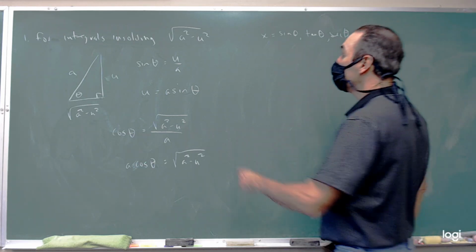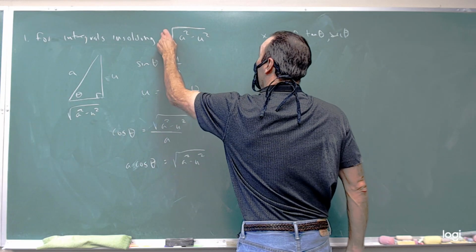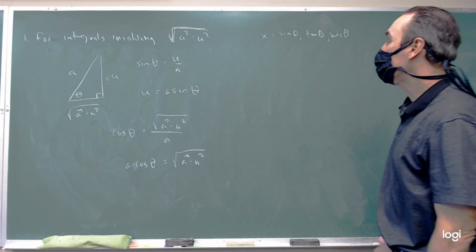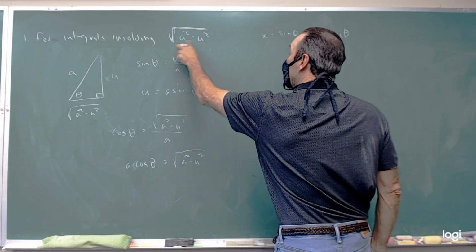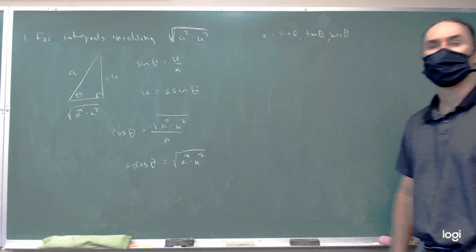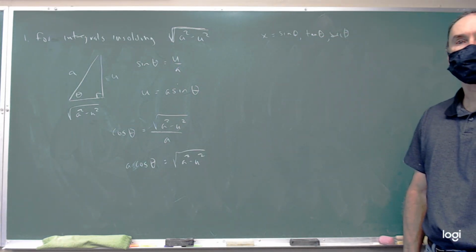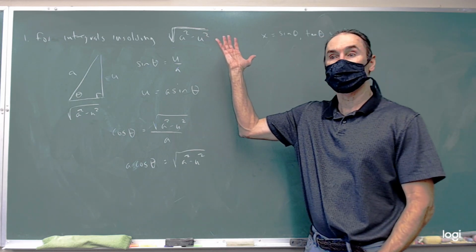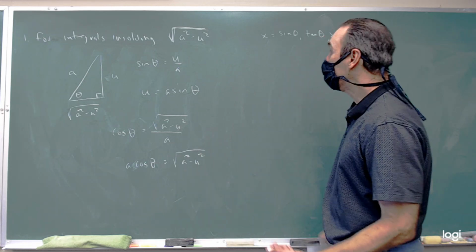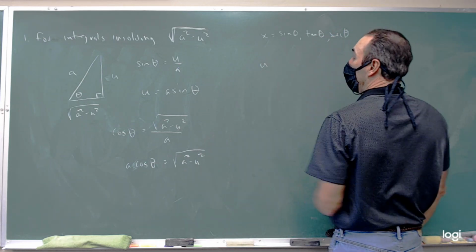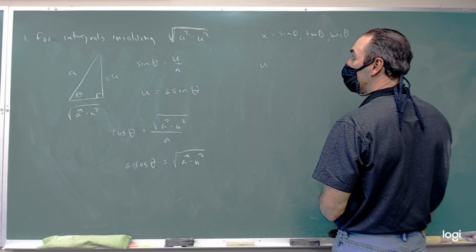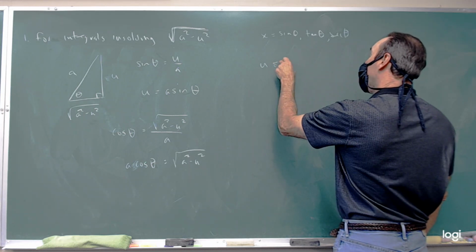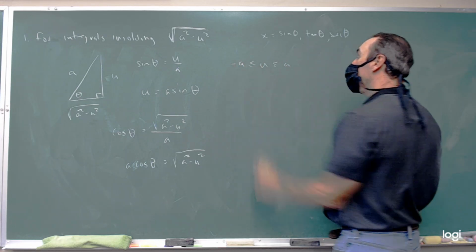So in this radical here, remember, for this to be defined, a squared minus u squared has to be positive, or else we can't take the square root of a negative. So what that means is that u has to be between a and negative a.